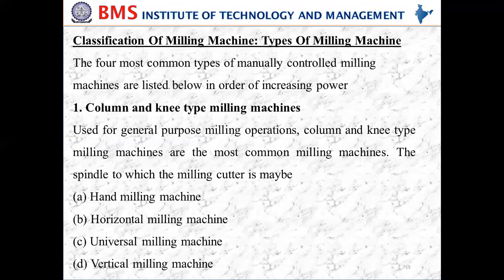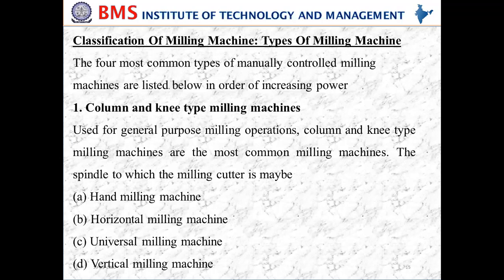There are a variety of machines, each with its own features and designed for a particular application. The different types of milling machines are classified as shown here. There are 5 types, and 4 most common types of manually controlled machines. First, column and knee type milling machines.